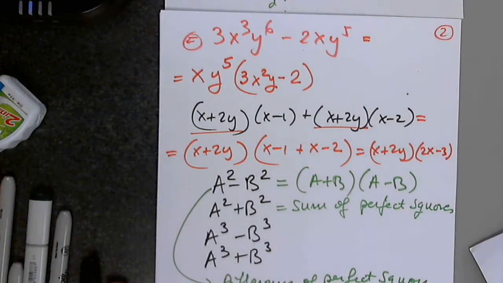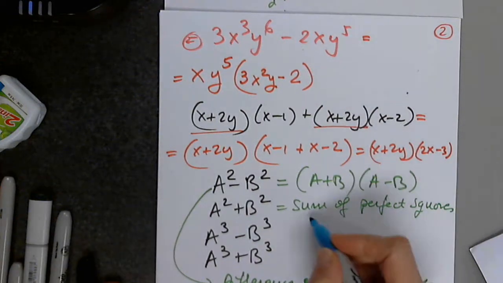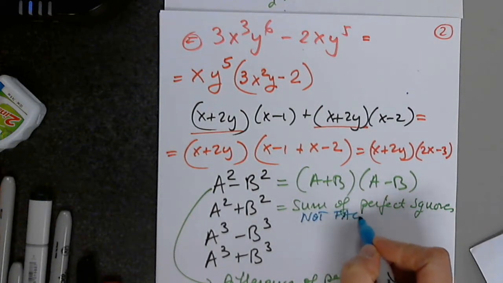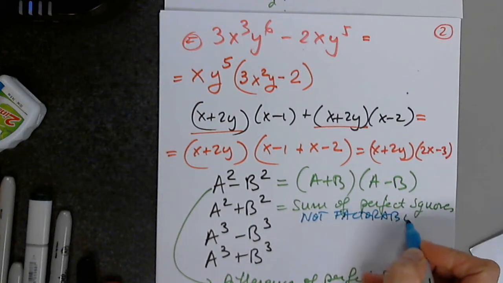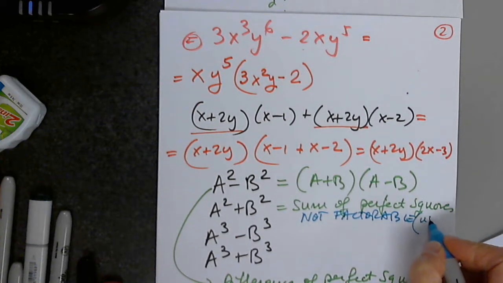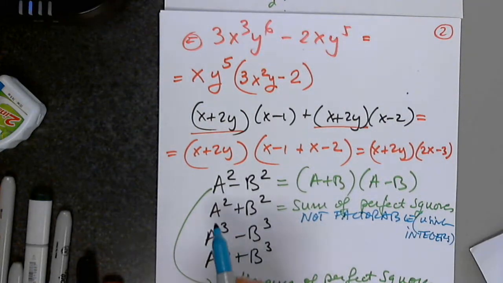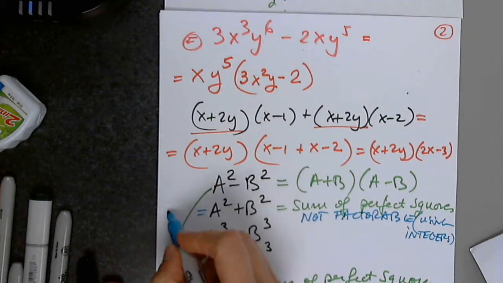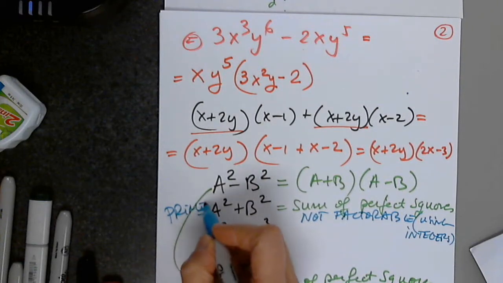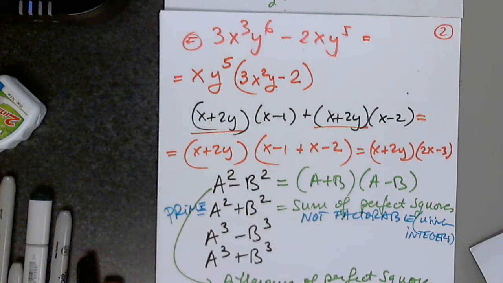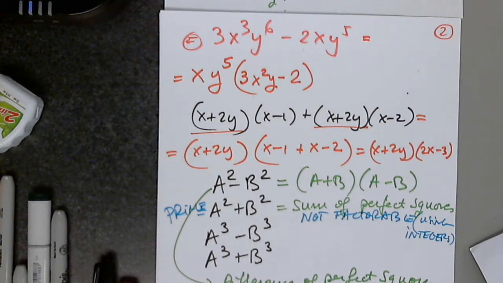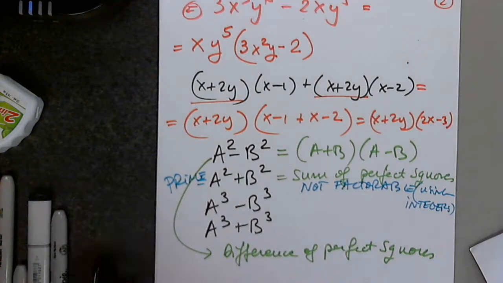In short, we'll say not factorable. I will put in parentheses using integers. Now, your book says that this is prime. I'm not fond of that name, but I accept it. You can say it's prime. However, I prefer not factorable. But it's up to you.